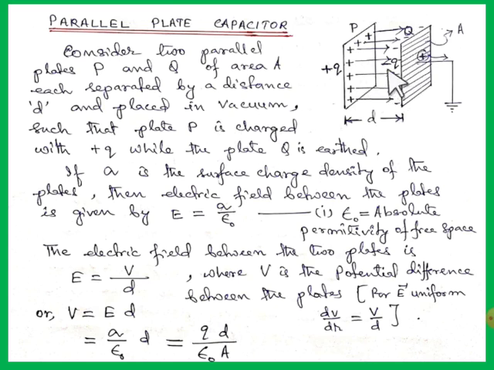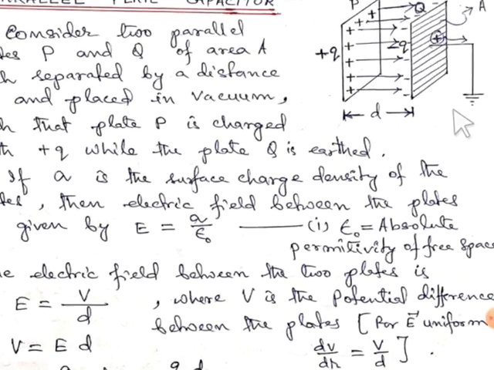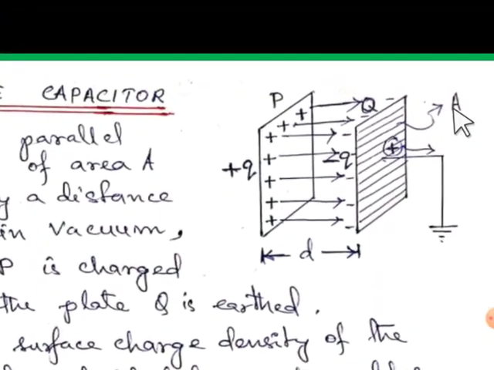That means no medium is there between the plates P and Q, such that the plate P is charged with plus q. Let this plate P be given a charge plus q, while the plate Q is earthed. Got it? So let's see the diagram again.